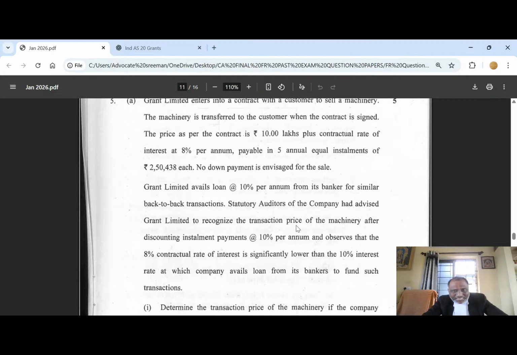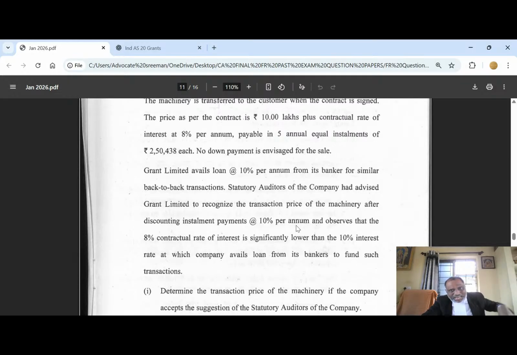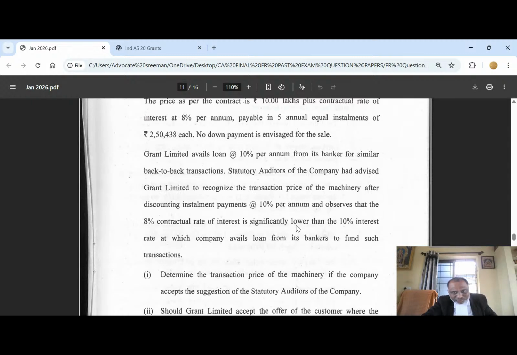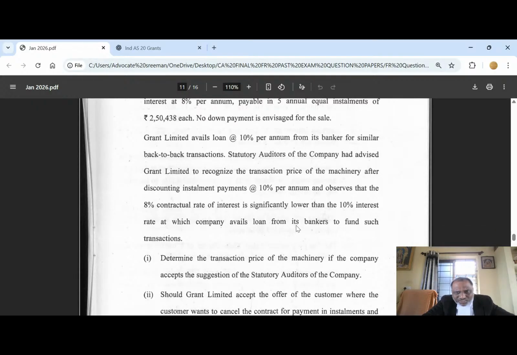Grant Limited avails a loan at the rate of 10% per annum from its banker for a similar back-to-back transaction. Statutory auditors of the company advised Grant Limited to recognize the transaction price of the machinery after discounting installment payments at 10% per annum, and observed that the 8% contractual rate of interest is significantly lower than 10%.